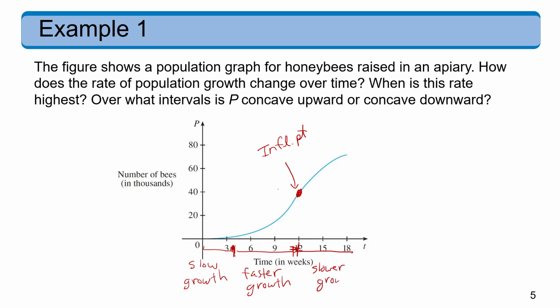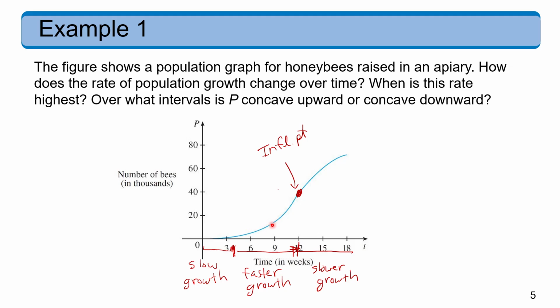And the farther you go to the right, the more flat the tangents get. So the growth rate gets slower and slower the farther we go to the right, till it's almost, if it kept going on, the slope would get close to 0. Okay, so the inflection point is our change of concavity, and that's relating to how large the rate of growth is.